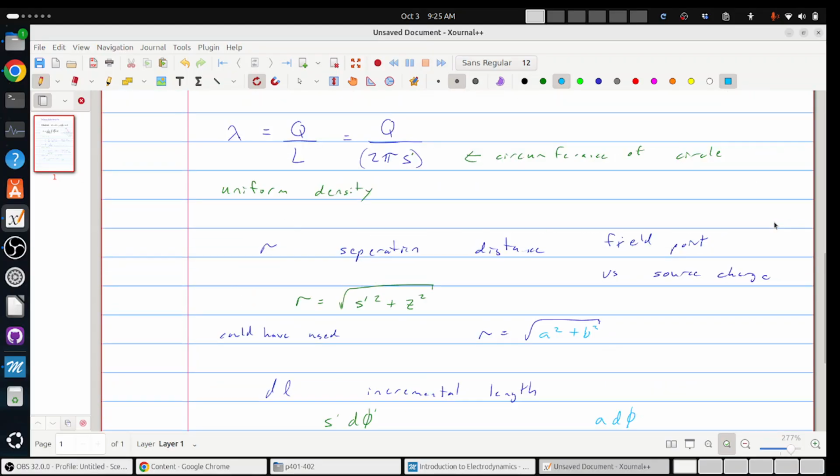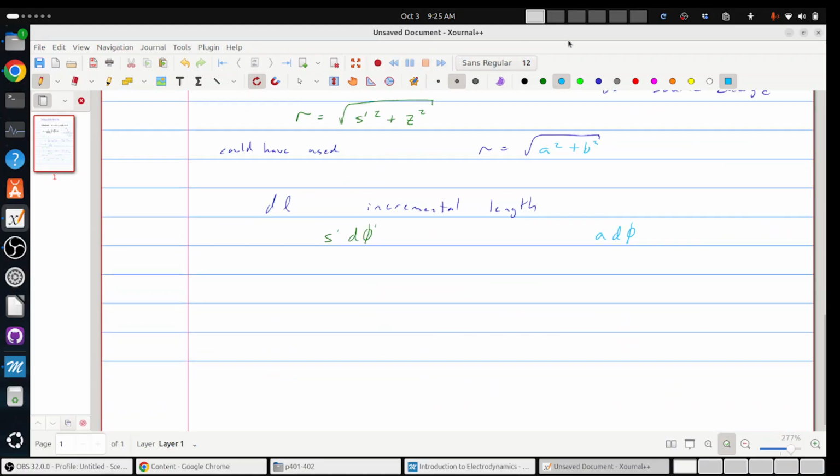So I've got 1 over 4 pi epsilon naught, the integral of lambda s d phi over the square root of s squared plus z squared.